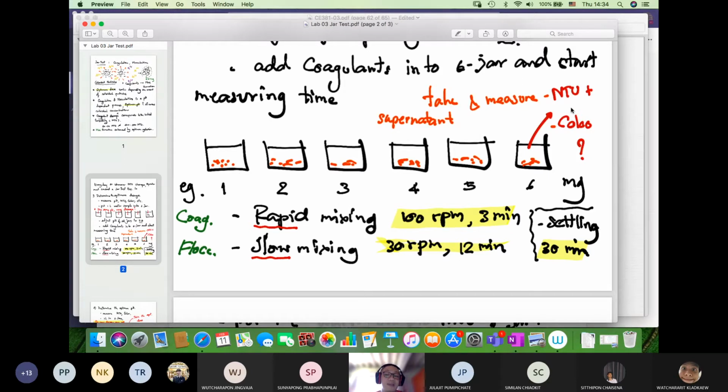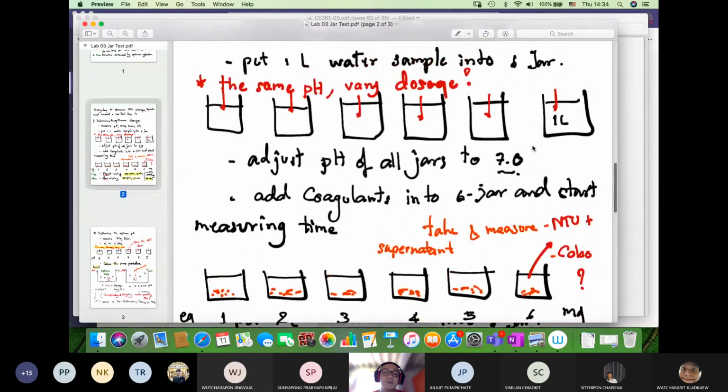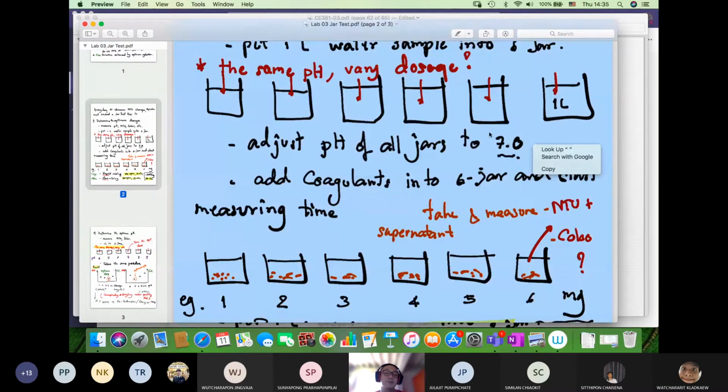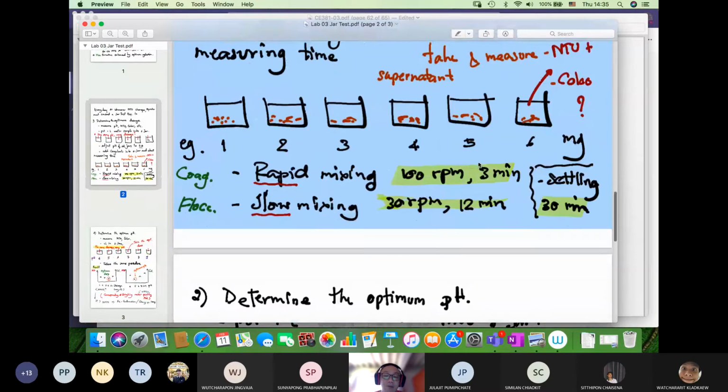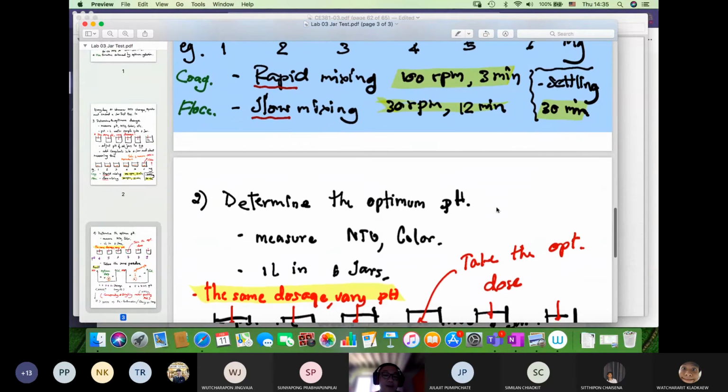Then measure the turbidity in NTU and also the color. Okay, which one gives the lowest turbidity? We assume that one is the best condition. Okay, it's the optimum condition. I will show you again in the graphs. But anyway, we need settling time of at least 30 minutes.